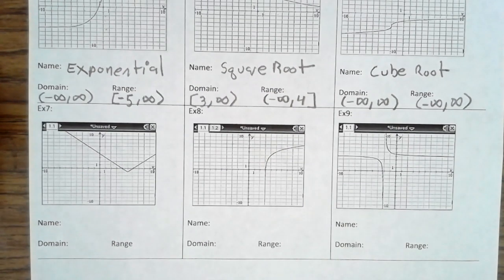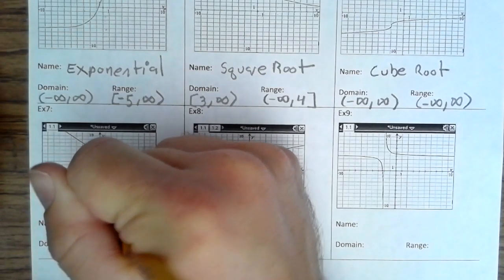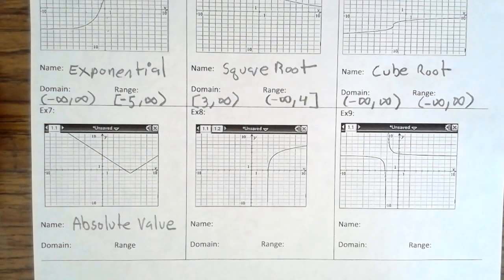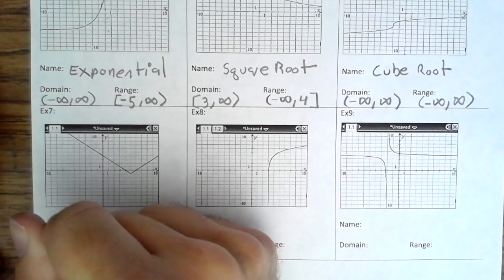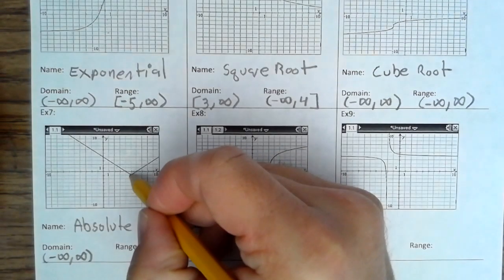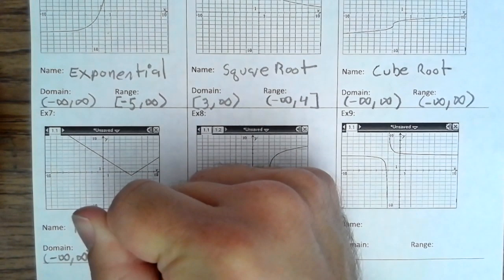All right, example 7. The name is absolute value. Now, the absolute value's domain is always negative infinity to positive infinity. But the range, it looks like it went down 1, so it's bracket negative 1 to infinity.